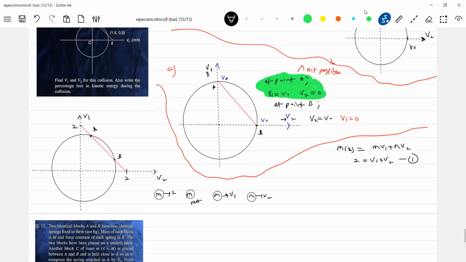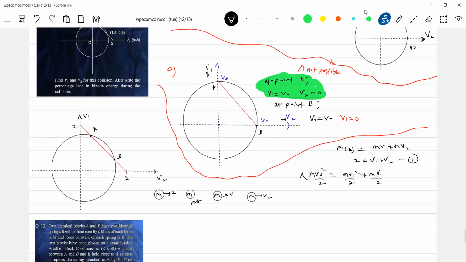Write it here. Now applying conservation of kinetic energy, the eta is needed, no? m v naught square by 2 eta is equal to m v1 square by 2 plus m v2 square by 2. Why is that eta brought?